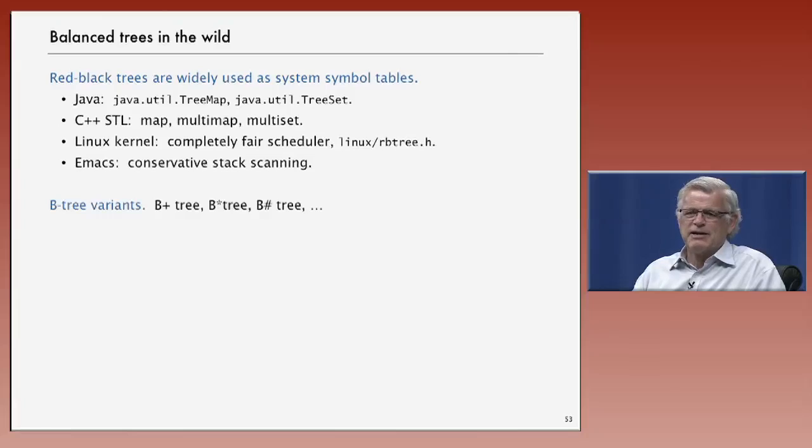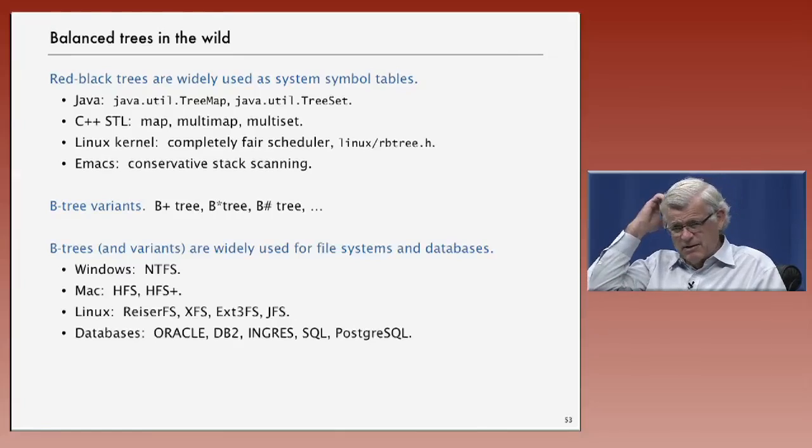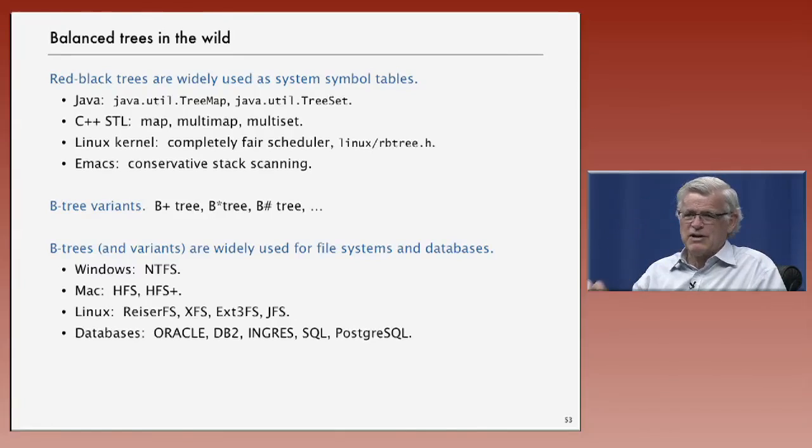B trees have many different variants that give different characteristics of space usage and other characteristics. Most databases nowadays that you might use, SQL or Oracle's database and others, are based on some variant of B trees because they're so effective.